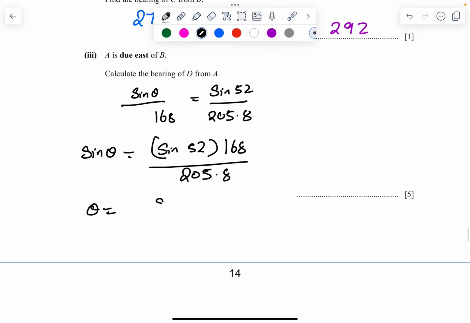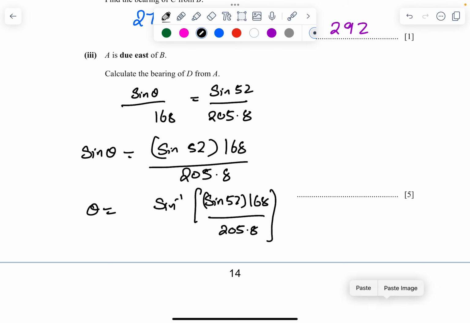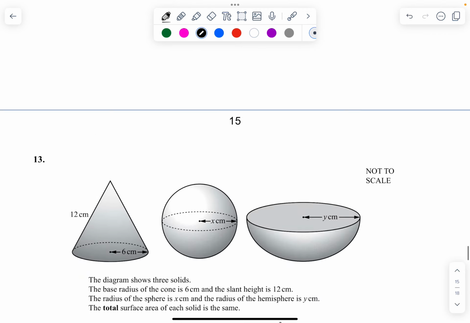So theta equals sine inverse of sine 52 times 168 divided by 205.8. That gives you the value of theta, which is 40.03. So the total angle is 270 plus 40.03, which is 310 to three significant figures.